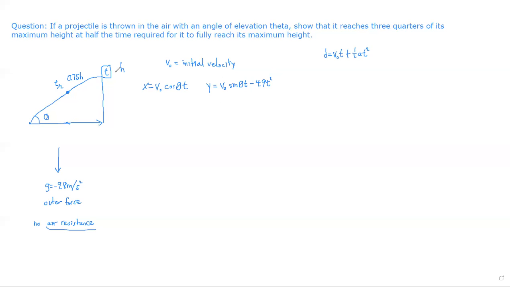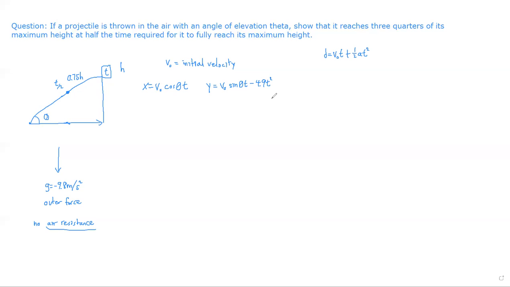T in this case is the time it takes to reach the maximum height. And I wrote v naught sine theta because that's the vertical component of the initial velocity. And we have this plus 1/2 a t squared since gravity is a constant downwards negative 9.8 meters per second squared. Now, 1/2 times negative 9.8, that's negative 4.9 t squared.